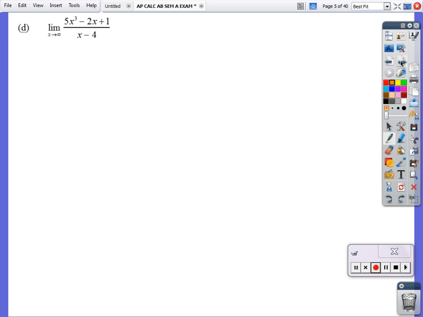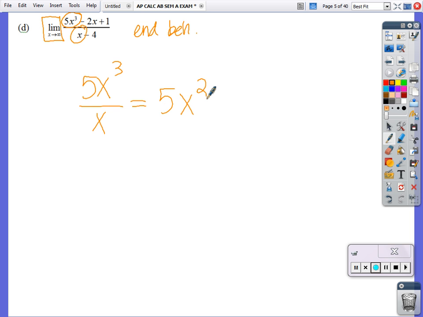Letter D, same concept. The limit is to infinity, so we're looking at end behavior again. Same thing, we're going to circle the highest powered term in the numerator and in the denominator, so I get 5x cubed over x, which simplifies to 5x squared. So how do you know what the actual limit is as x goes to infinity? You would graph essentially what it looks like. 5x squared would be a parabola facing up at the origin.